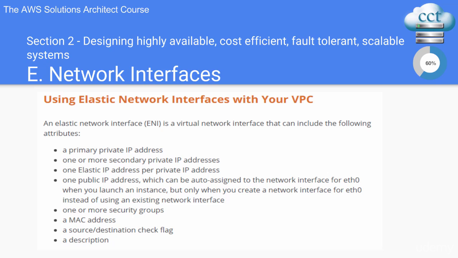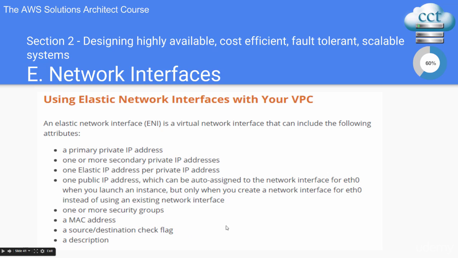Each elastic network interface lives within a particular subnet of a VPC, and hence within a particular availability zone, and it has the following attributes that you see listed on your screen: private IP address, primary one or more secondary private IP addresses, one elastic IP, one public IP, one or more security groups, a MAC address, source destination, and a description.